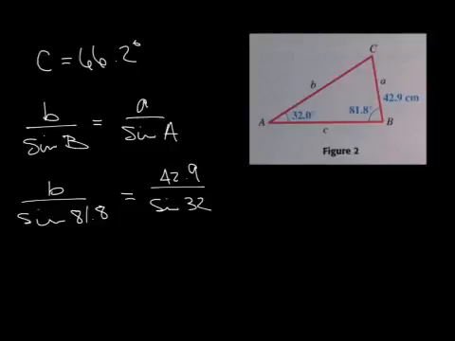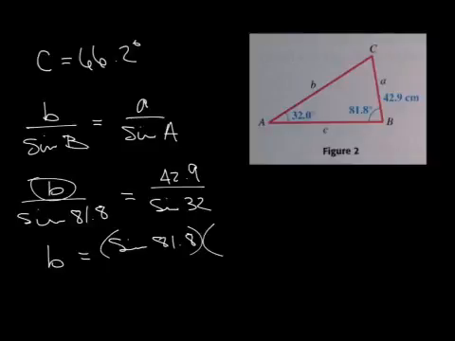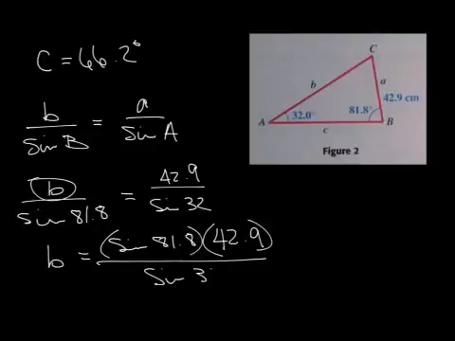Alright, so that being the case, this is the only unknown. You're cross multiplying, and a simple way to do this is just to write b equals sine of 81.8 times 42.9, cross multiply, divided by the sine of 32.